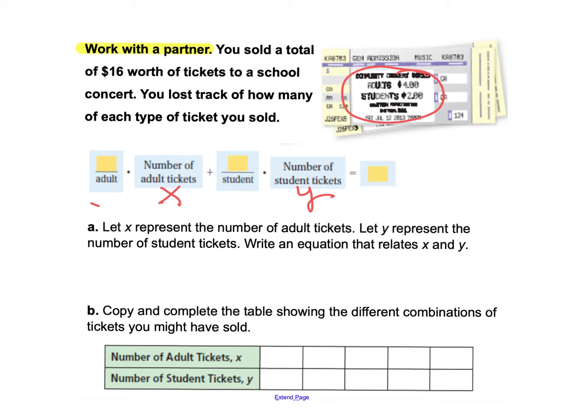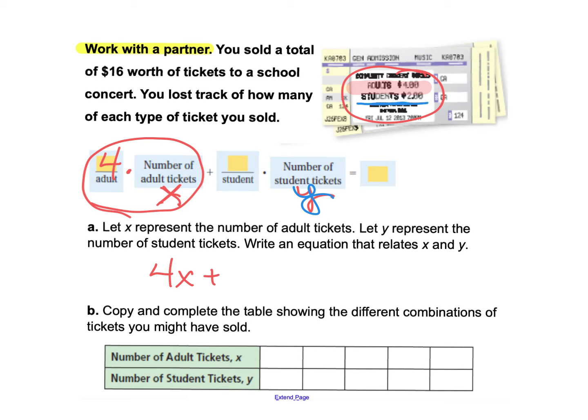So let's start with the adult tickets. If we look back up on our ticket, adult tickets were $4. So we're going to put $4 times the number of adult tickets. So we're going to call that 4X. We have to add that to our student tickets. So we'll use blue for our student tickets.